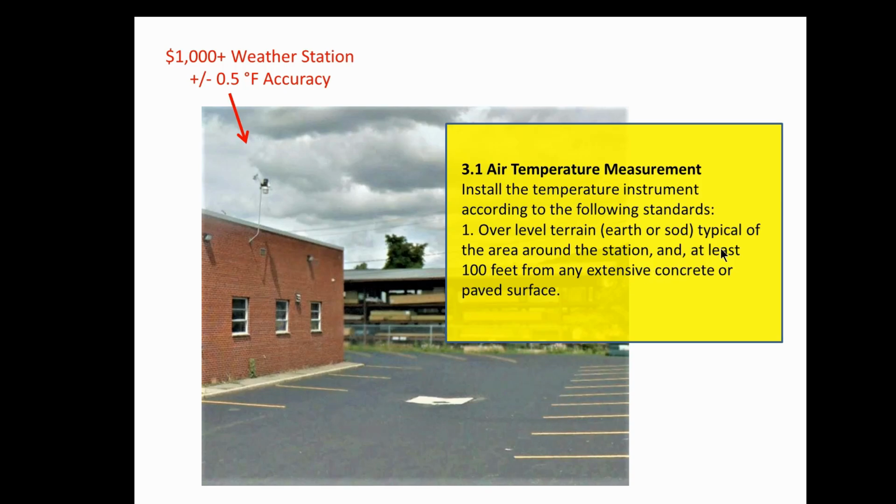So it's nowhere near the requirement of 100 feet from a paved surface, and you can see why that's a requirement. Obviously, as this heats up from the sun, if you've ever touched a hot asphalt parking lot with your hand in the summer, it generates a lot of heat. It's a little bit funny that they've got a 0.5 degree accurate device mounted 15 feet away from a paved asphalt parking lot.